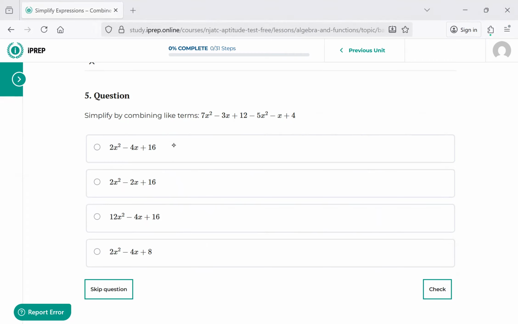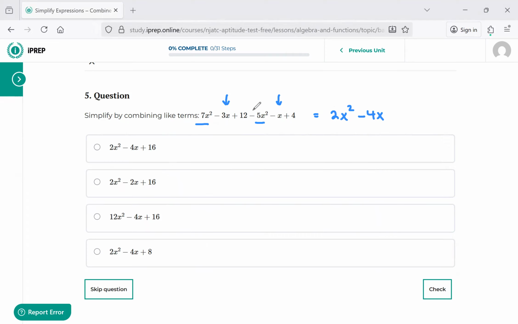Question 5. So we have some x squared. You can box it or underline it. I'm just going to underline it. So we have a 7x squared and then negative 5x squared. What is that going to be? Positive 2x squared. And then our x's, we have a negative 3x and a negative 1x. That is negative 4x.